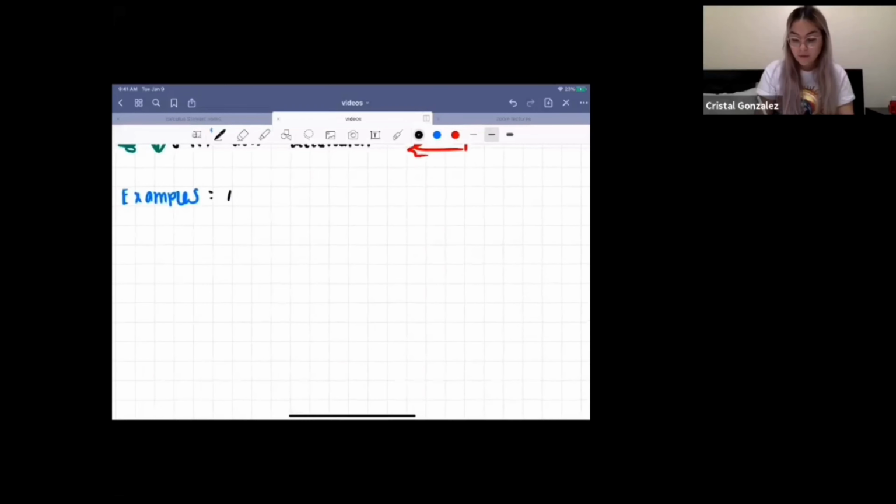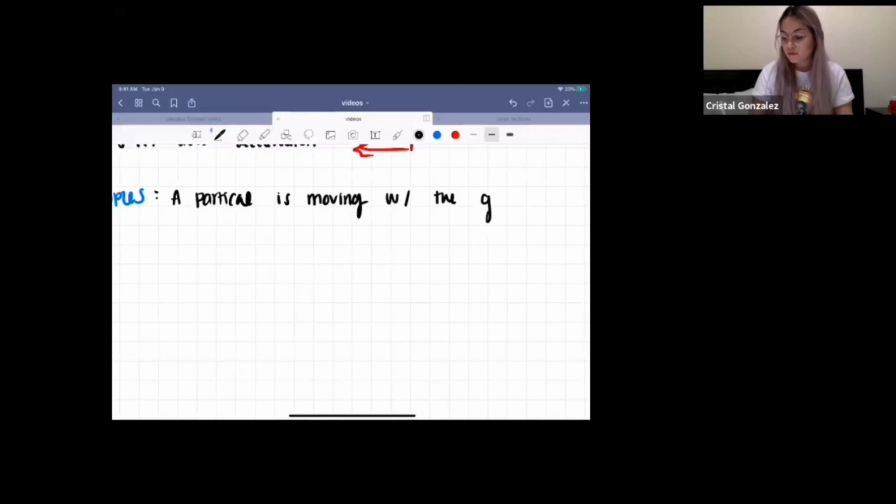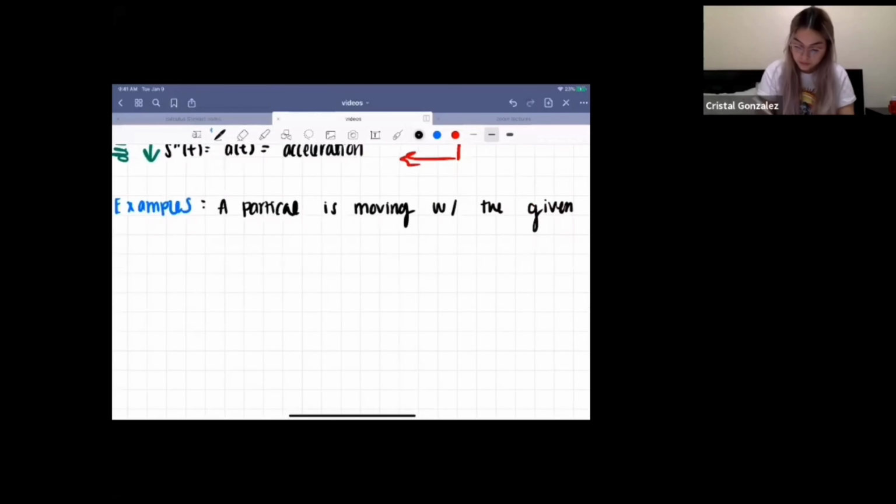So let's say a particle is moving with the given information. I want you to find the position of that particle.